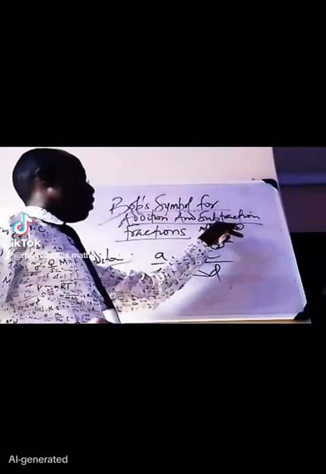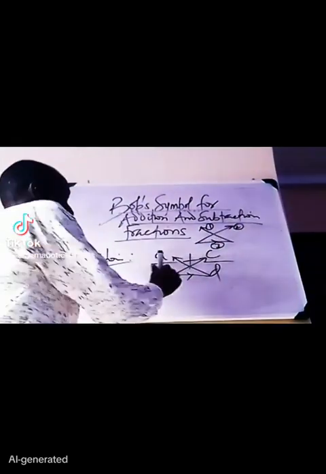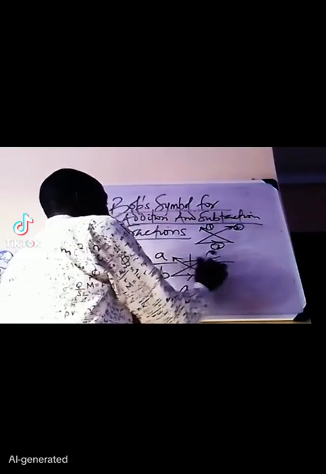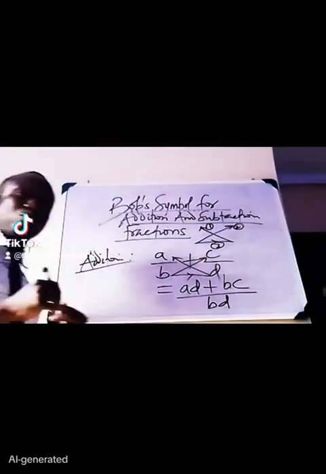You can see the numbering. I'm starting with 1. So, starting with 1, I have A times D. Just multiply, follow the arrows and multiply. A times D, AD, plus B times C, BC, over B times D, BD. Beautiful.